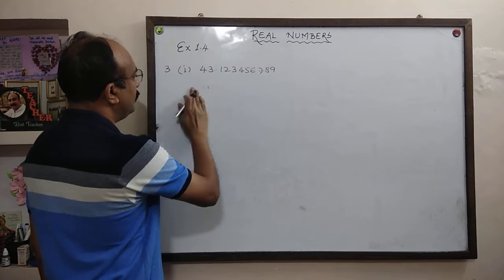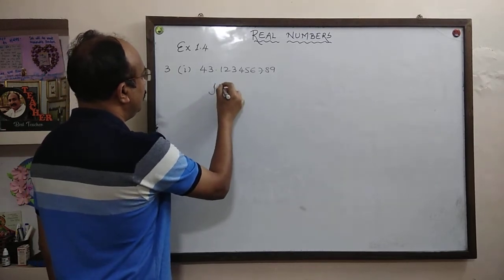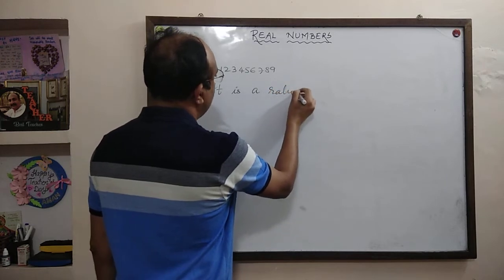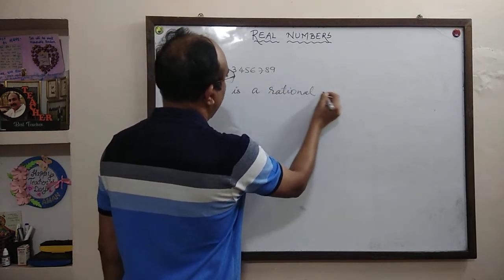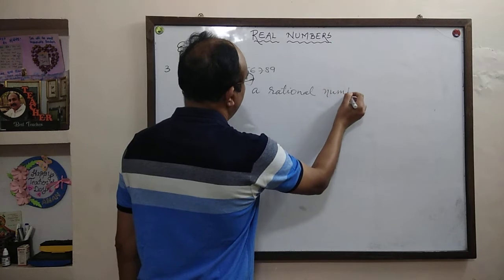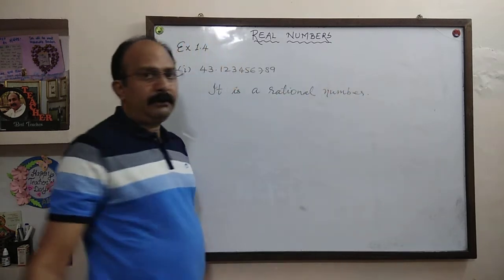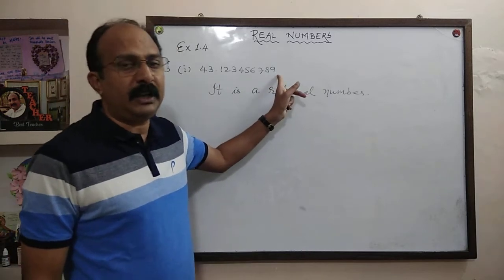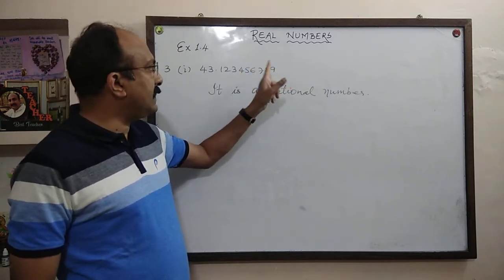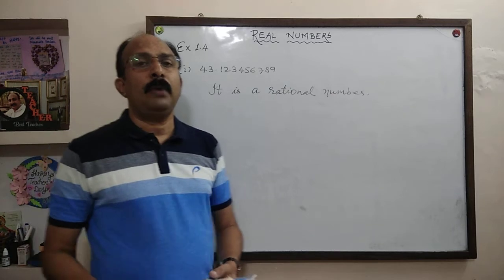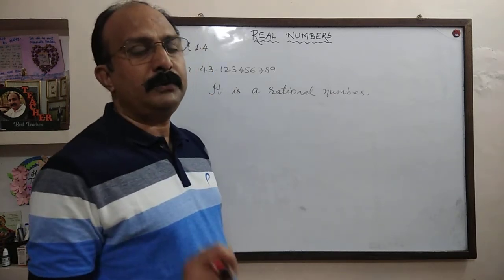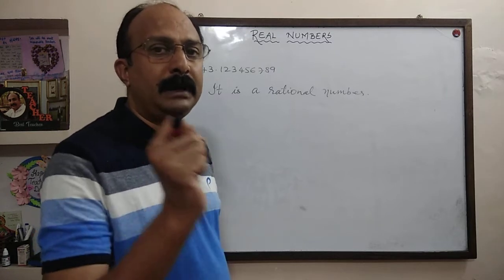You can write it is a rational number. Now you see, this rational number has terminating decimal expansion. Since it has terminating decimal expansion, what can you say about the prime factors of q? It will be in the form of 2 power m into 5 power n.